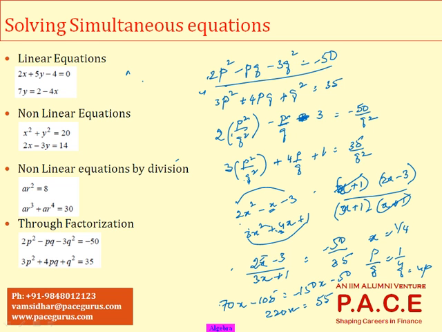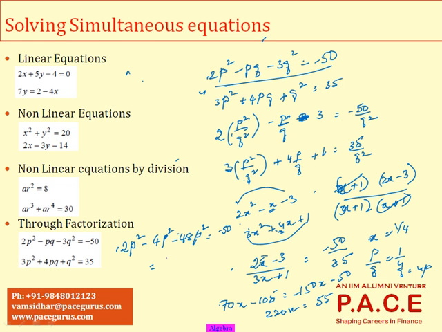Now I can go back. Wherever q is there, I substitute 4p. Substitute in the first equation: 2p squared minus p into 4p minus 3 into 4p squared. 3 into 4p squared is 3 into 16p squared, that is 48p squared, equal to minus 50.